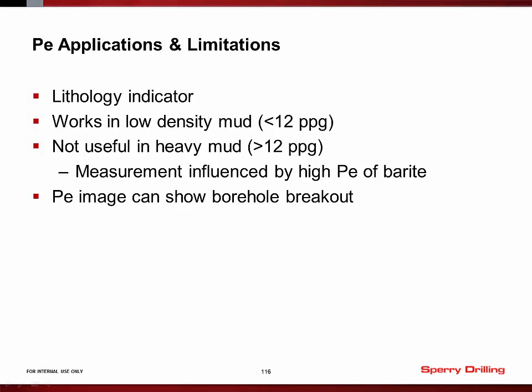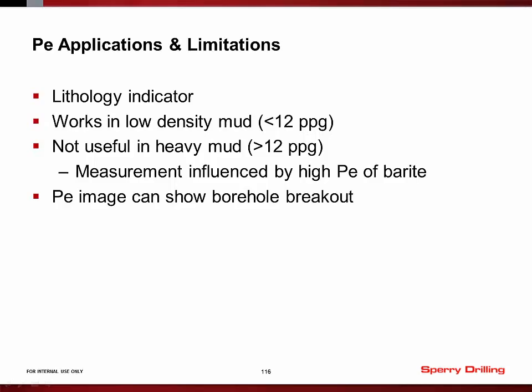Now, the barite does actually have some benefit in that the PE image, the azimuthal PE image, because of its sensitivity to barite in the mud, means it's also very sensitive to standoff between the detector and the formation on the ALD. And that means that it's a good way to see changes in the shape of the borehole. So you can see washout, you can see breakout.